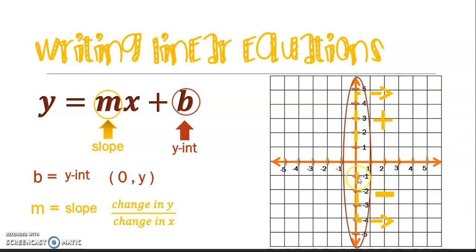As you can see here, when our slope is negative, we move down and to the right. So it is really important for you to know this basic stuff, where to place the y-intercept and how the slope moves, so you can identify it in a graph and then write the linear equation, taking the information from the graph.